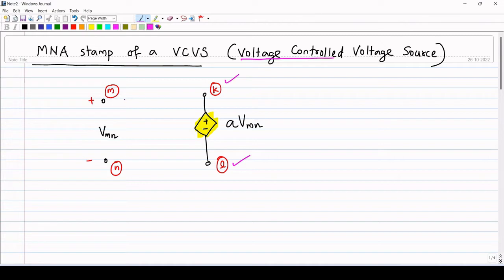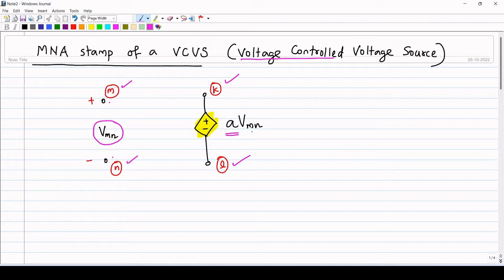Here it is a voltage between nodes M and N. So here Vmn is a voltage between nodes M and N in the network, and this voltage will be controlling the magnitude of this dependent source, and here A is a parameter.